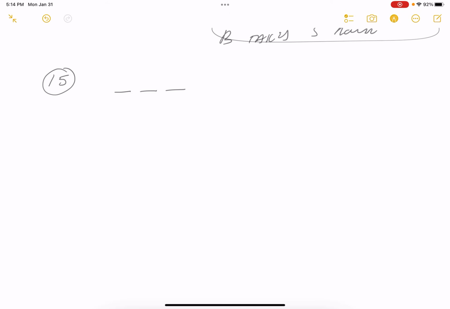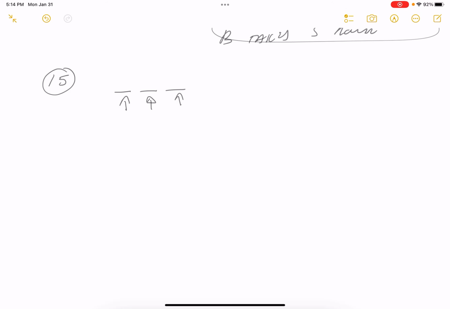Let's read this. Square of the second digit of the 3-digit number exceeds twice the sum of the first and third digit. All right, I got to start writing things down then.